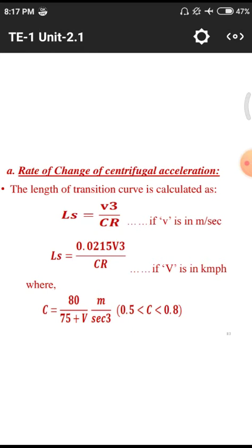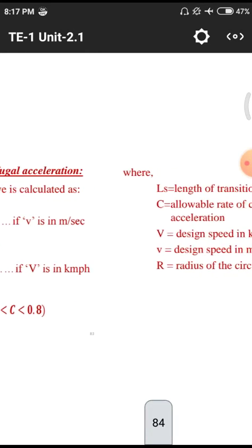We find the length of the curve in meters, with velocity in meters per second or kilometers per hour as required. This is the rate of change of centrifugal acceleration, with formulas V cube by CR and 0.0215 V cube by CR depending upon different conditions.